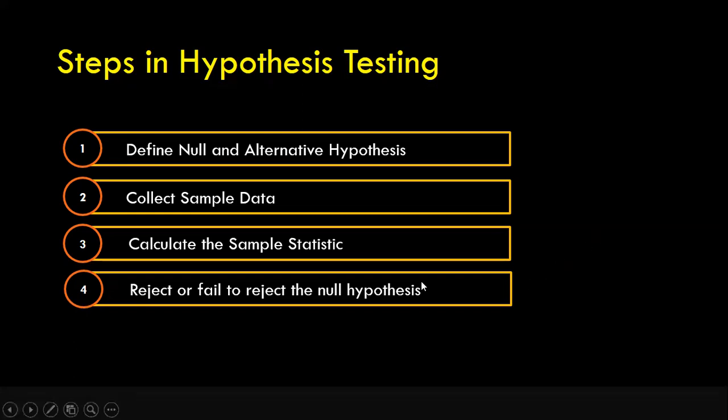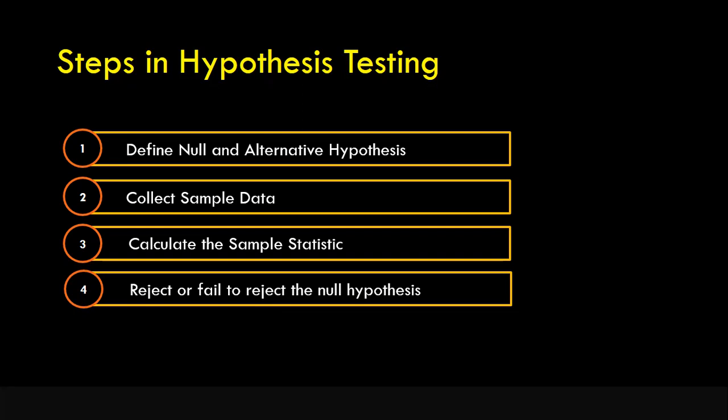Okay. So if it falls in the non-rejection region area, you are not going to reject the null hypothesis. If it is falling in the rejection region, you need to reject or fail to reject. We cannot say I'm going to accept the null hypothesis. As a statistician, you need to say fail to reject the null hypothesis, which means you are going to accept the null hypothesis.